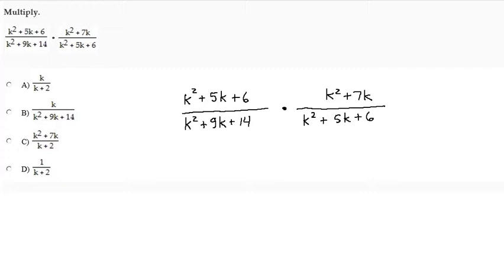when someone asks us to multiply two fractions, in this case two rational expressions, it's not quite literally that we're going to take these two and multiply straight across.